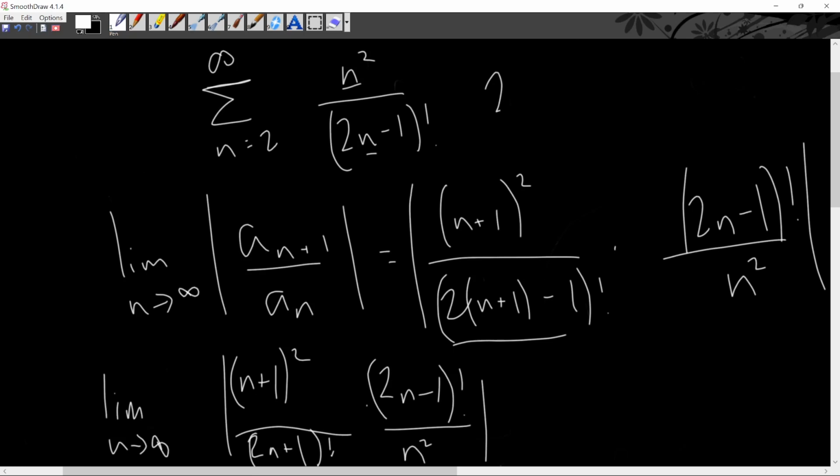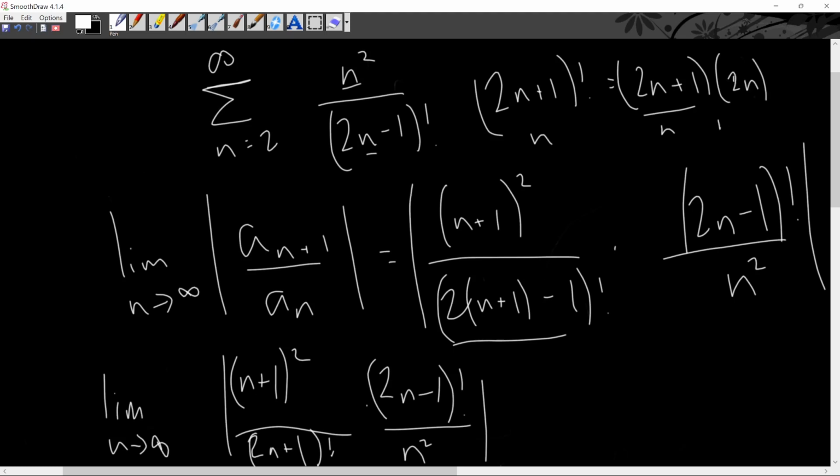So 2n plus 1 factorial can be written as 2n plus 1 times, if we think of this as n, n minus 1, or 2n plus 1 minus 1, which is 2n. Then times 2n minus 1, and then on and on. But some of you might already notice that the on and on part is 2n minus 1 times 2n minus 2 times 2n minus 3, and on and on.